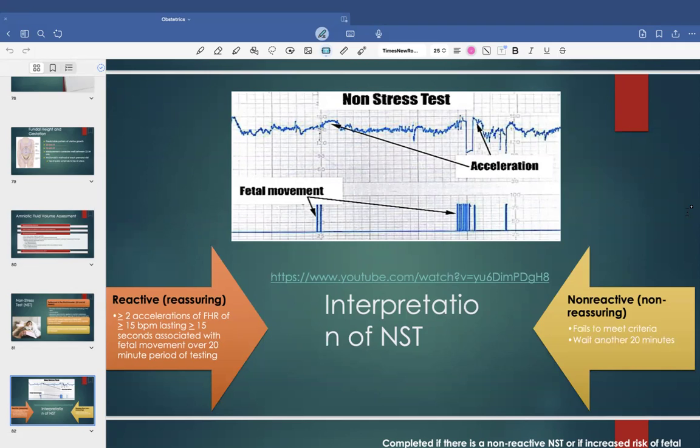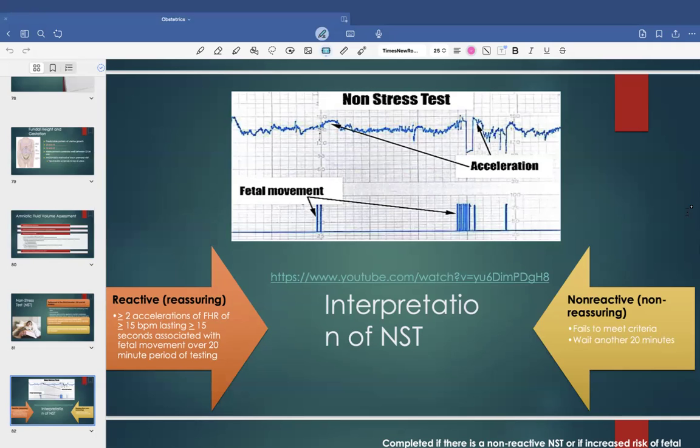A non-reactive test doesn't necessarily mean there's a problem, but it does indicate further testing is needed. Possibly a biophysical profile, which we're going to talk about, or contraction stress test. False positives, meaning a non-reactive test, you might see in a patient who smokes or if they use certain drugs.